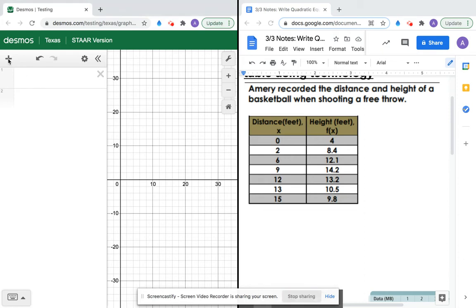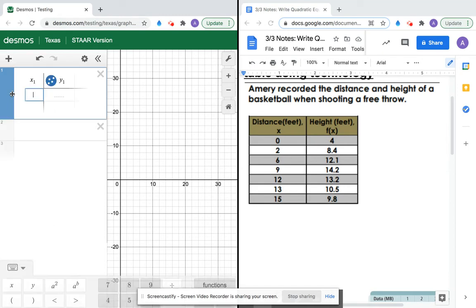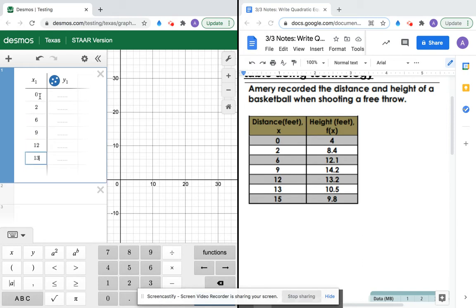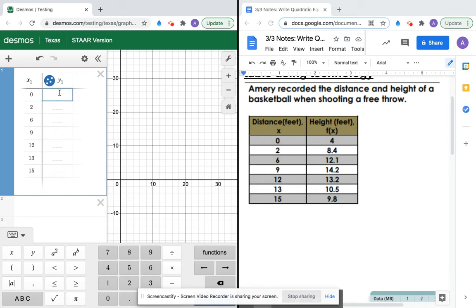First we're going to click the plus sign and choose table, and we're going to enter our table exactly the way it is given to you. So you don't want to skip any values, and you don't want to stop before your entire table ends. Enter all of your x values and all of your y values correctly.